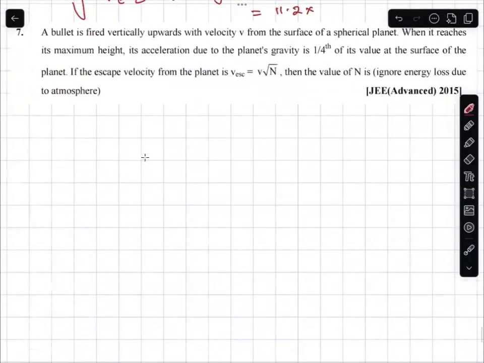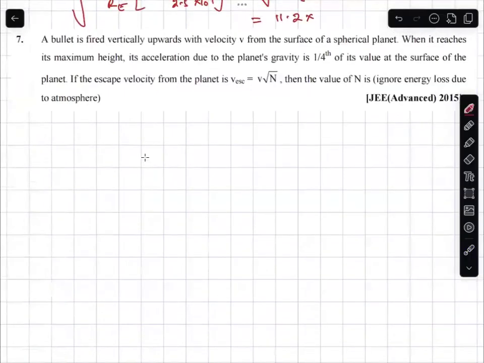Next, 7th question, read carefully. A bullet is fired vertically upwards with a velocity v from the surface of a spherical planet. When it reaches its maximum height, its acceleration due to the planet's gravity is g h, which is g naught times 1 by 4.